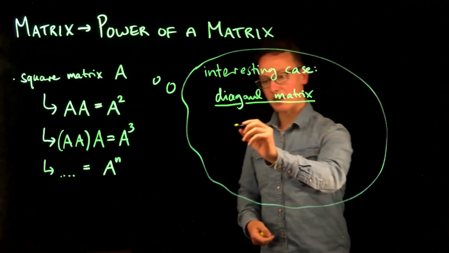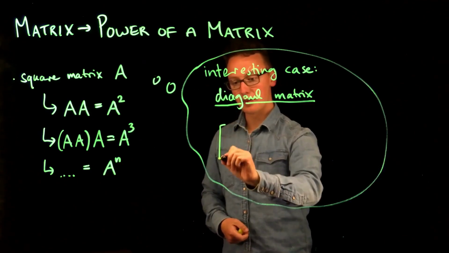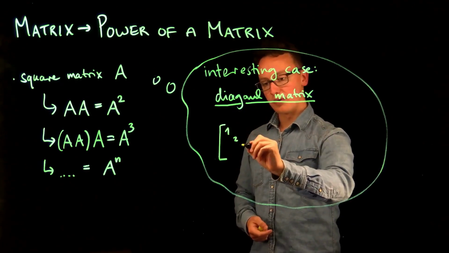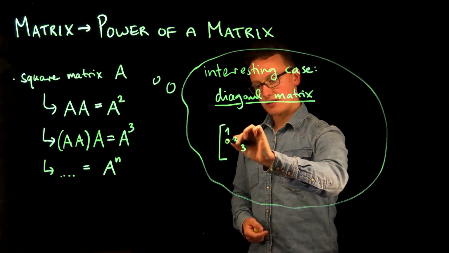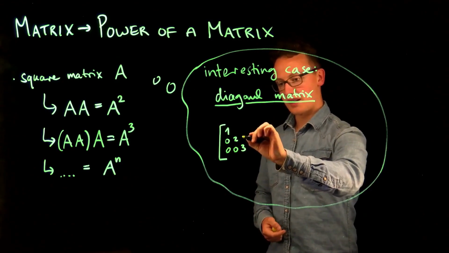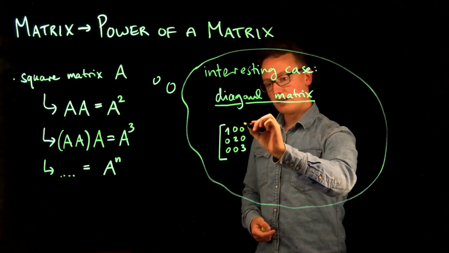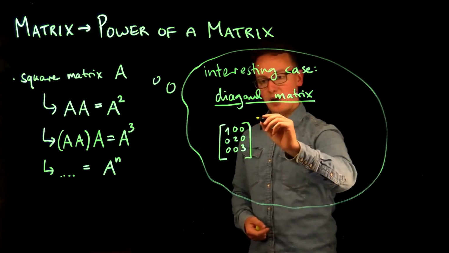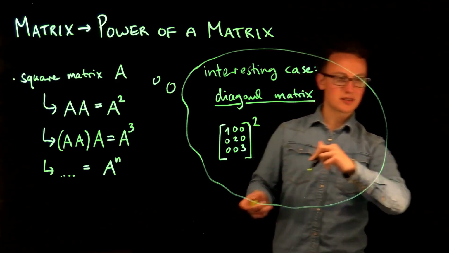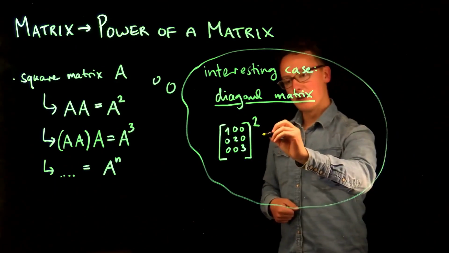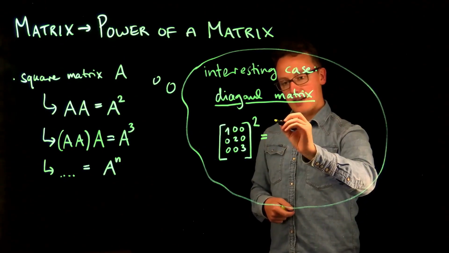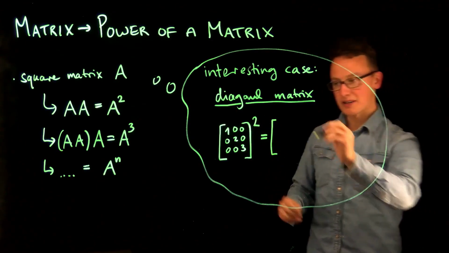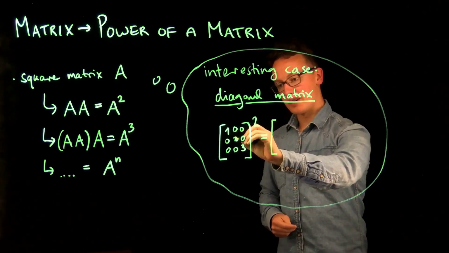So if I take, for example, the diagonal matrix 1, 2, 3, and 0 in all other cells which are not on the diagonal, and let's say I would want to take the second power of this, so this matrix to the power of 2, then this simple rule applies, only for diagonal matrices, of taking the power of each of the diagonal values.